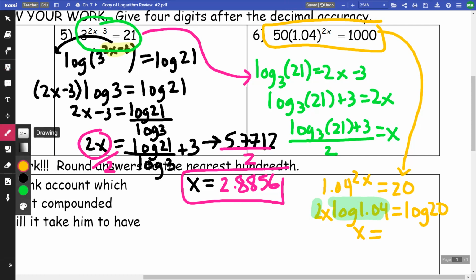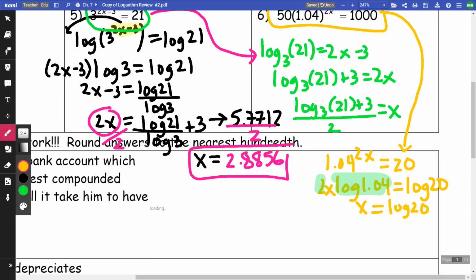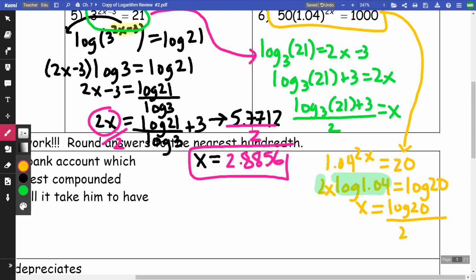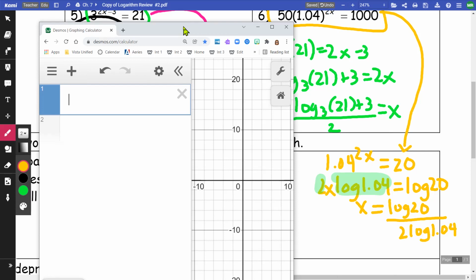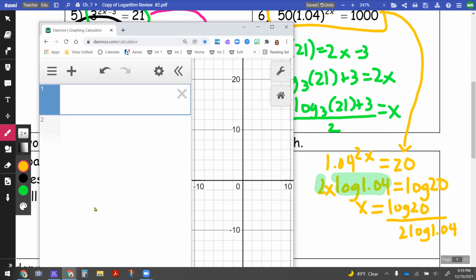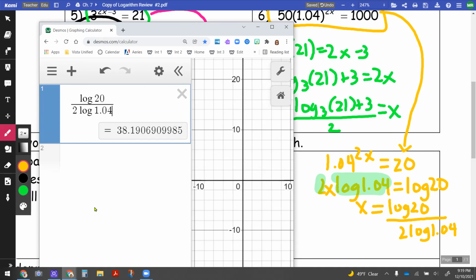So what I'm going to do is take log of 20 divided by 2 log of 1.04. And if I'm not using a fraction, I want to make sure that I put parentheses around the whole denominator. So I'm going to do log of 20 over 2 log of 1.04.